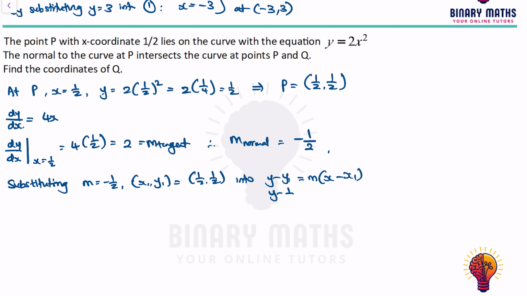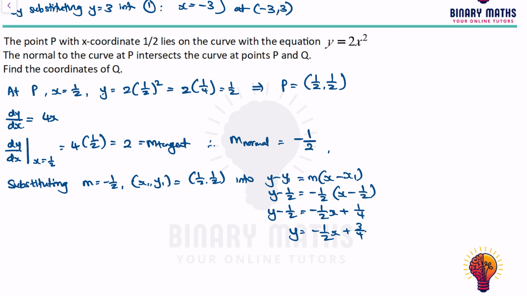We get y minus a half is equal to minus a half times x minus a half, which means I get y minus a half is equal to minus a half x plus a quarter. If I leave it in terms of y, then y would be equal to minus a half x plus 3/4. Okay, so that's the equation of the normal.